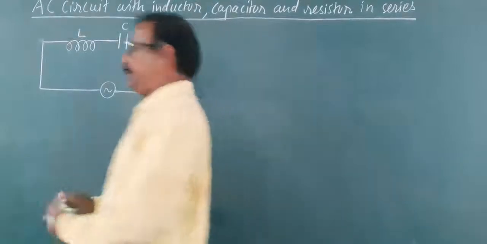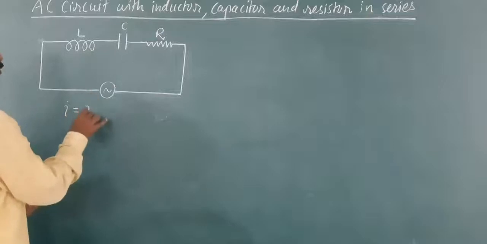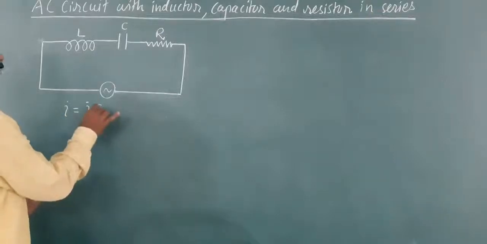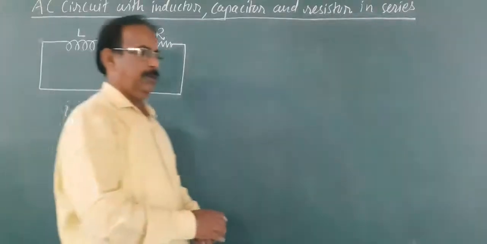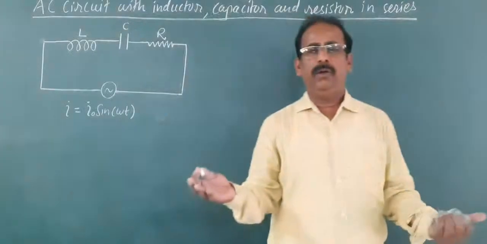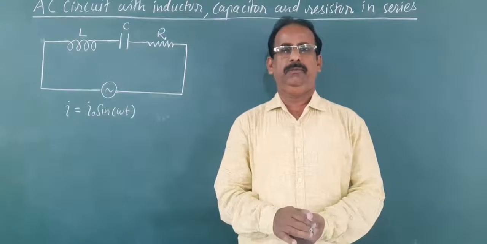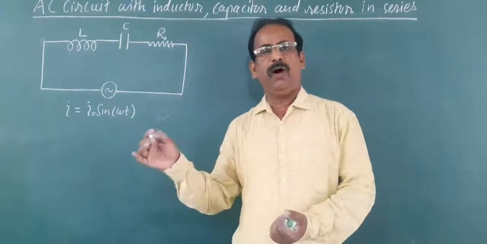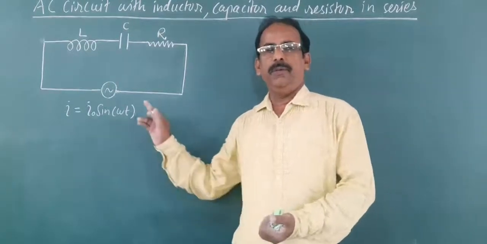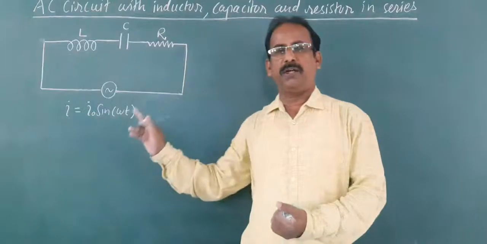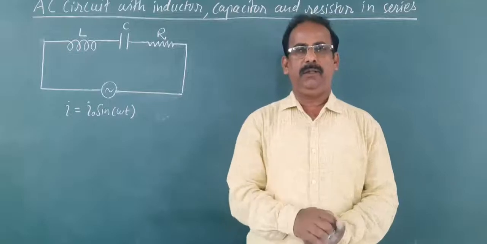Therefore, consider the equation of current passing through the circuit I equal to I0 sine of omega t. Current will show same phase in all three components, same value at given instant. Therefore, we can represent the current passing through circuit by this equation I equal to I0 sine of omega t.